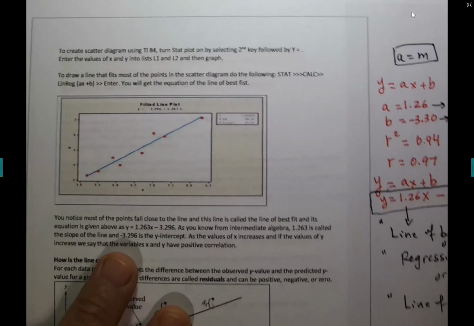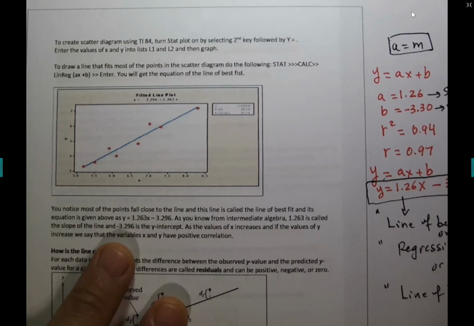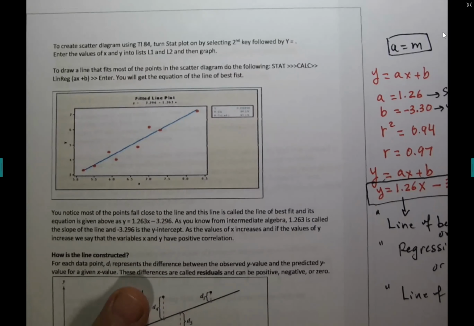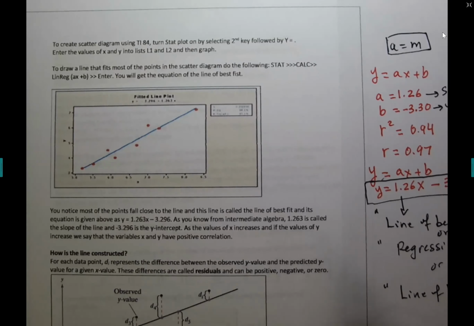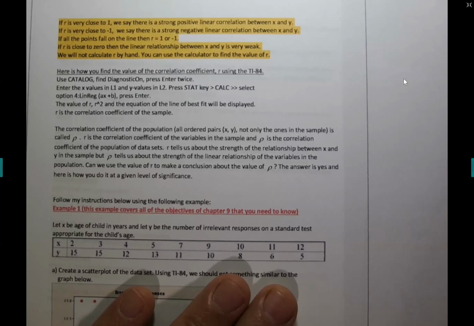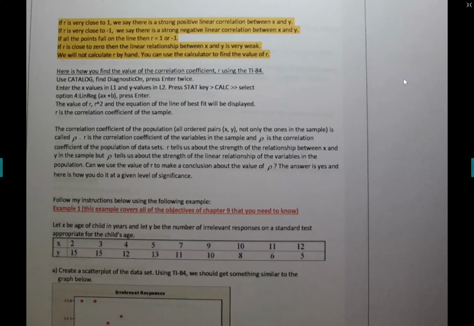Now I'm going to interpret the meaning of R and R squared. And actually, after I do that, there is only one more thing, and we will be done with this chapter. And the previous question, 0.97. Do you guys agree with me that this 0.97 is very close to 1? Yes. All right.